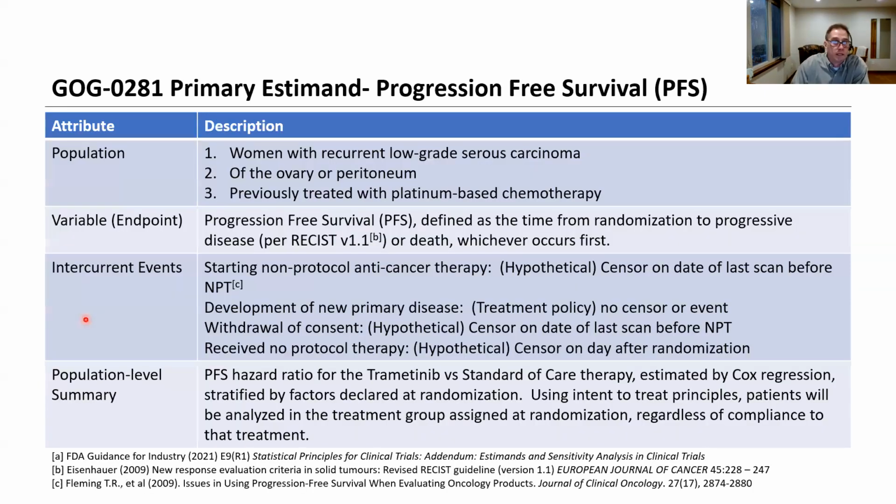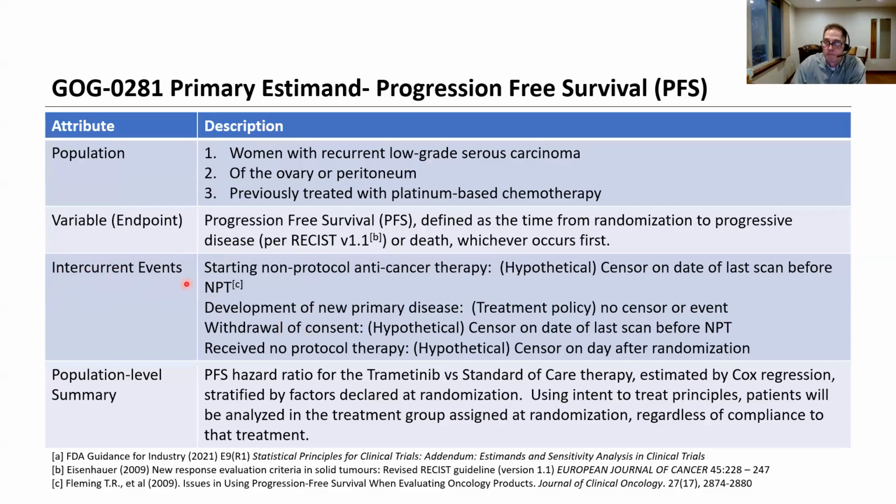So the interesting or perhaps new component of this in the newer FDA guidance is this intercurrent events block. So we always assumed these things, and they have other guidance documents that detail these things, but they never called them out like this before.